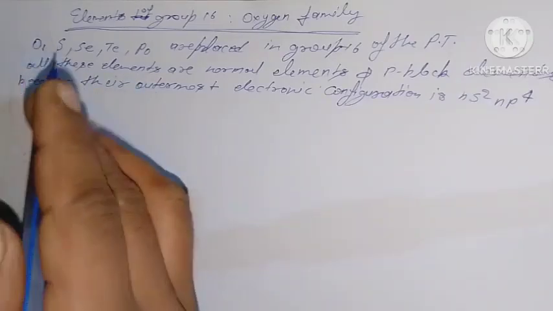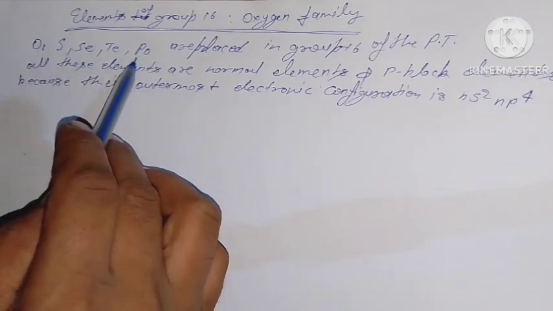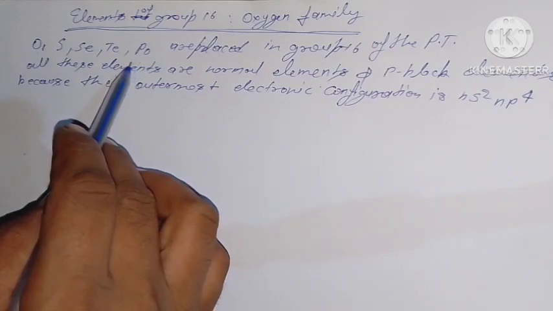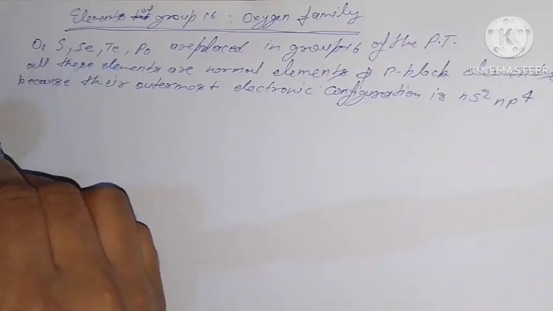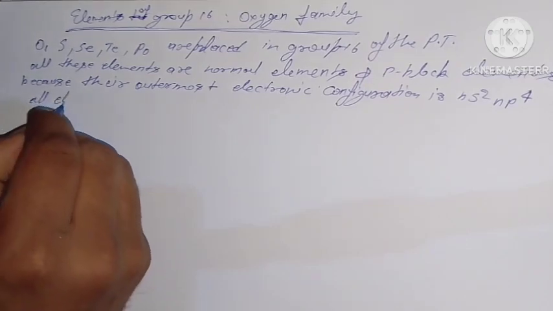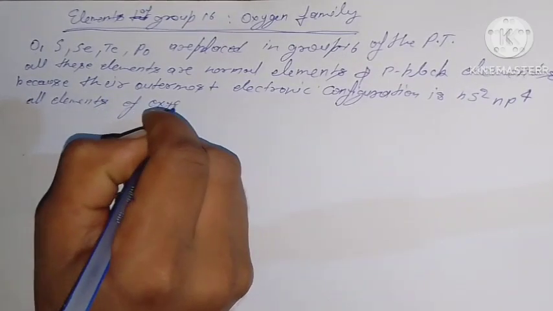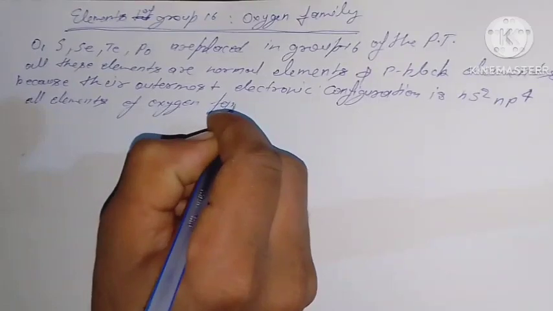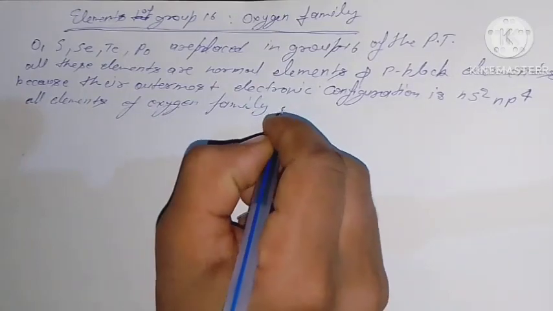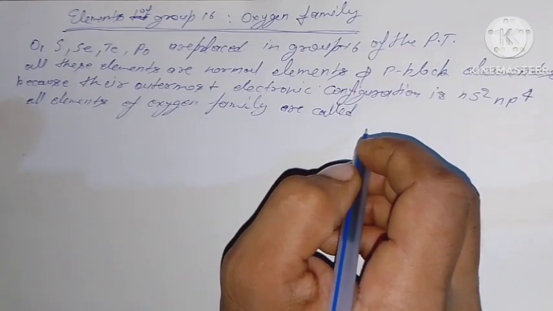The five elements oxygen, sulphur, selenium, tellurium, and polonium are collectively called chalcogens or ore forming elements. All elements of the oxygen family are collectively called chalcogens.